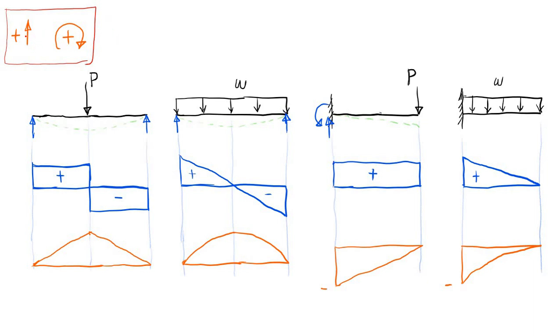Upward reactions, our sign convention would be positive, and for clockwise moments we have positive. Meaning to say that if we have downward forces, then our sign should be negative, and when we have counterclockwise moments, we will have negative moment.